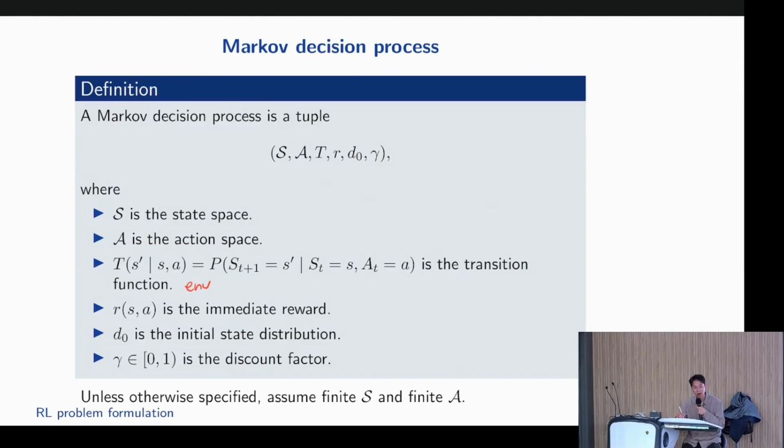Depending on the paper, you write it like this: the initial state comes from rho, where rho is the initial state distribution. If you initialize the game, typically there's going to be a specific location where the agent spawns or something like this. And gamma is a discount factor that discounts future rewards.